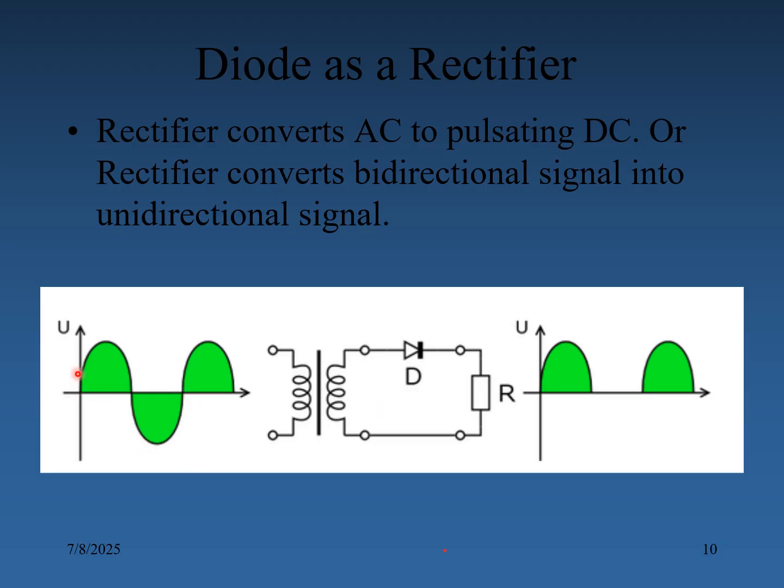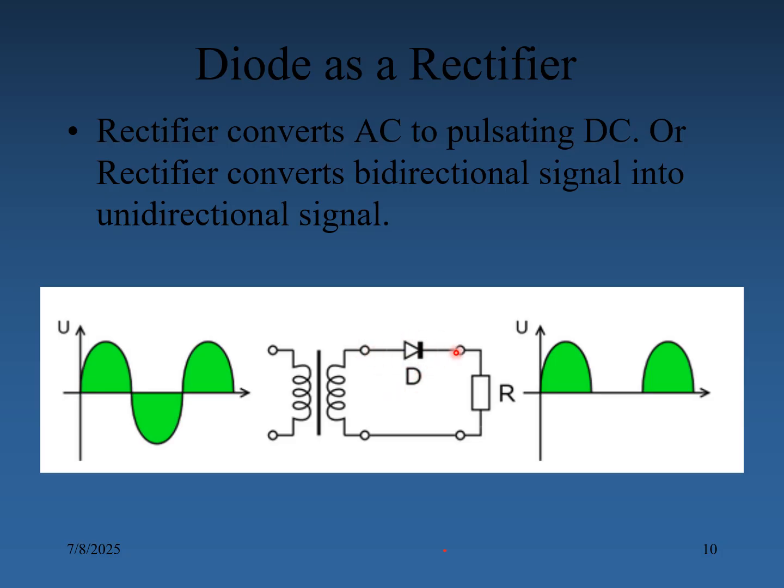First we give the positive half to this transformer. This may be a step down transformer, and after that the same amount of voltage is given to the diode. In the positive half, the p-type of the diode is given to the positive terminal and the n-type to the negative terminal, plus minus. That means the diode is in the forward bias condition.